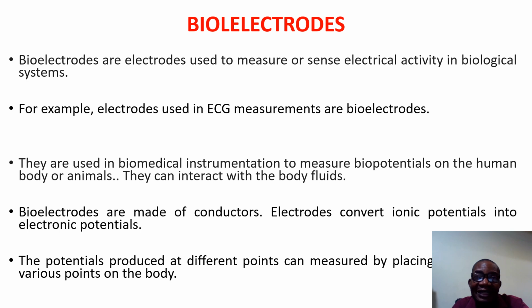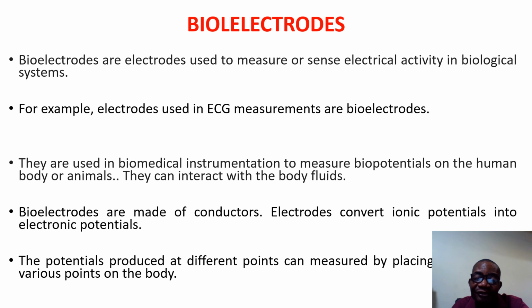The electrodes are able to detect electrical signals from the human body and transmit those signals to the machine that is used to conduct a measurement. So bioelectrodes are used in biomedical instrumentation to measure biopotentials on the human body or on animals, as I've said earlier on. And they are capable of interacting with the body fluids.